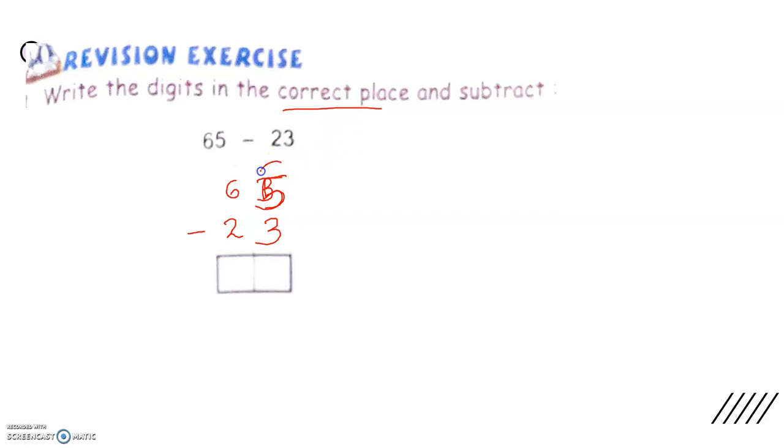First you have to subtract the ones place digits. 5 minus 3 is 2. And the tens place digits 6 minus 2 is 4. So our answer is 42.